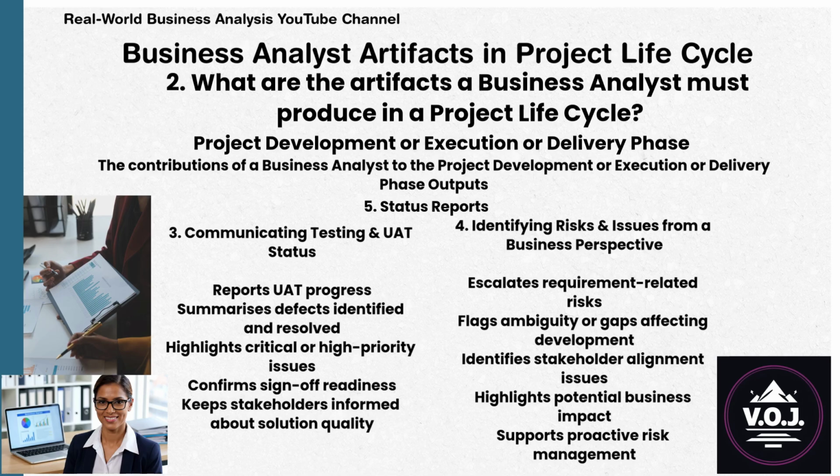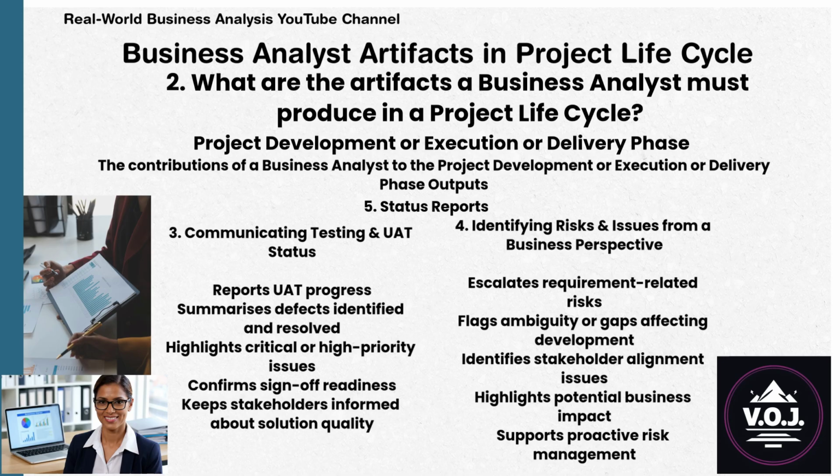3. Communicating testing and UAT status. The BA reports UAT progress. Summarizes defects identified and resolved. Highlights critical or high-priority issues, confirms sign-off readiness, and keeps stakeholders informed about solution quality. 4.